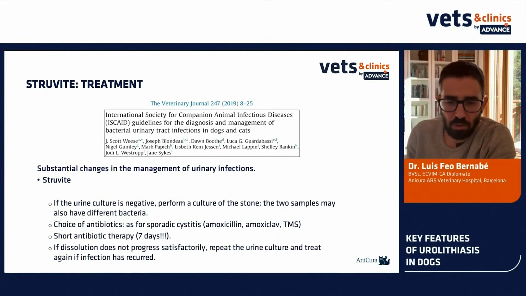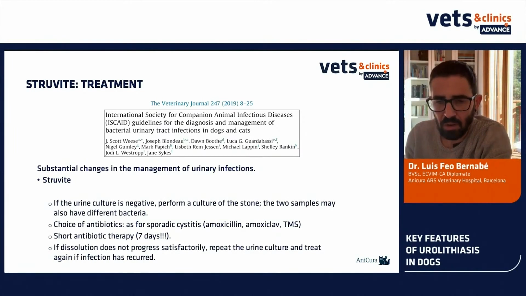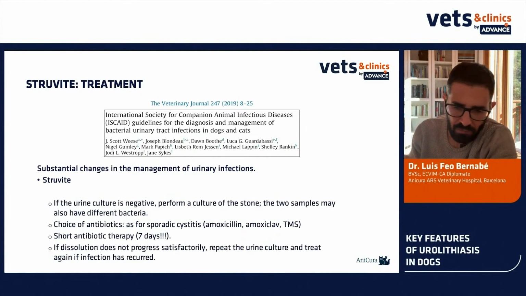The two samples might have different bacteria. That's why I think it's very important to culture the stone at the same time that you culture the urine.